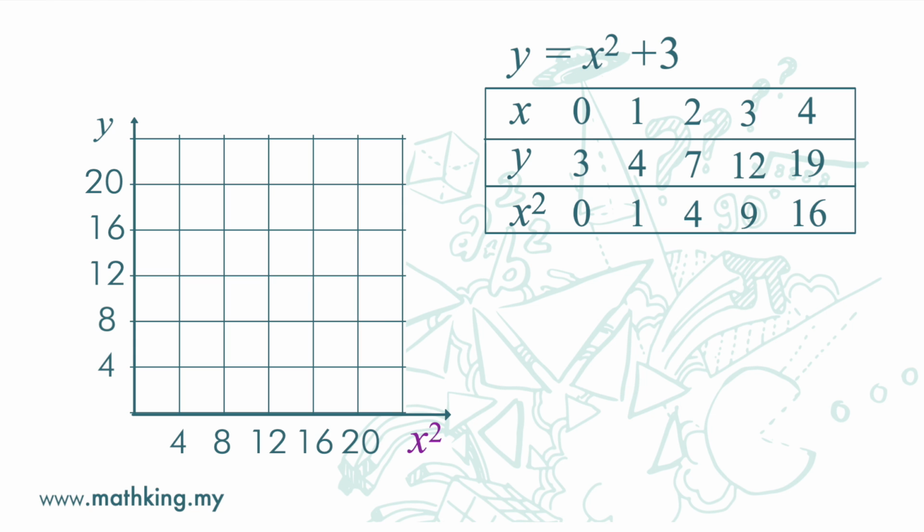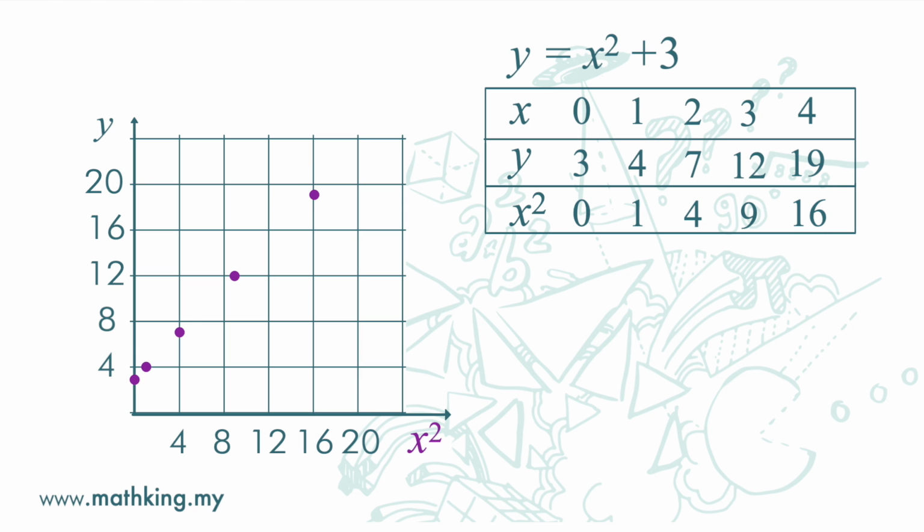When x squared is 0, y is 3. When x squared is 1, y is 4. When x squared is 4, y is 7. When x squared is 9, y is 12. When x squared is 16, y is 19.